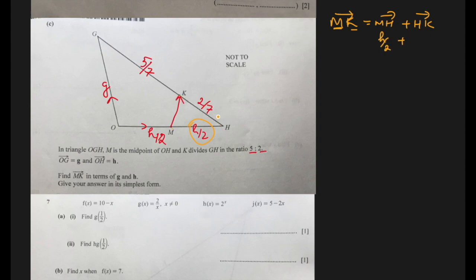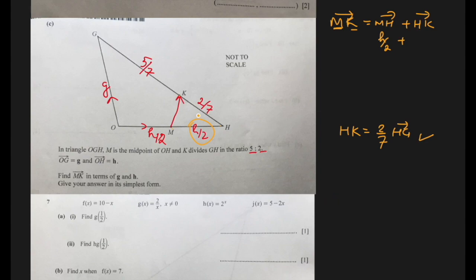But can't I say, HK is nothing but 2/7 of HG. HG vector, full vector, this HK is 2/7 of that. That's what we said here, because their ratio is 5 to 2, total 7 parts, so 5/7 here, 2/7 here. That's why I wrote 2/7 of HG.